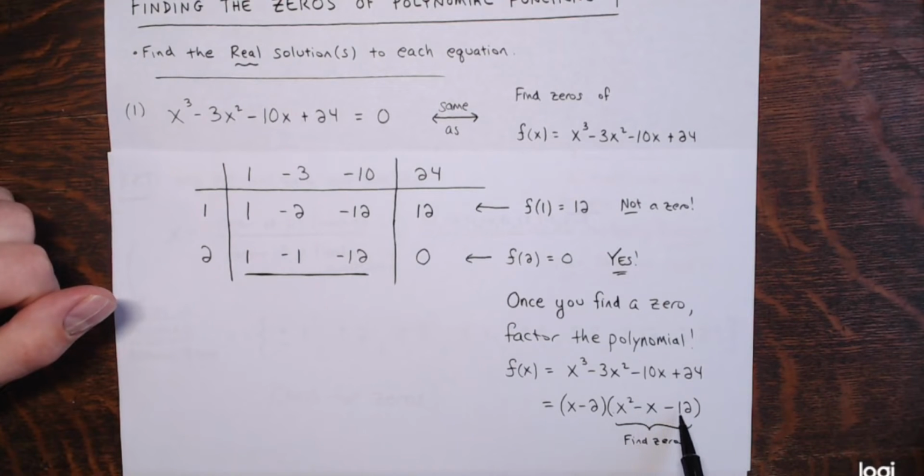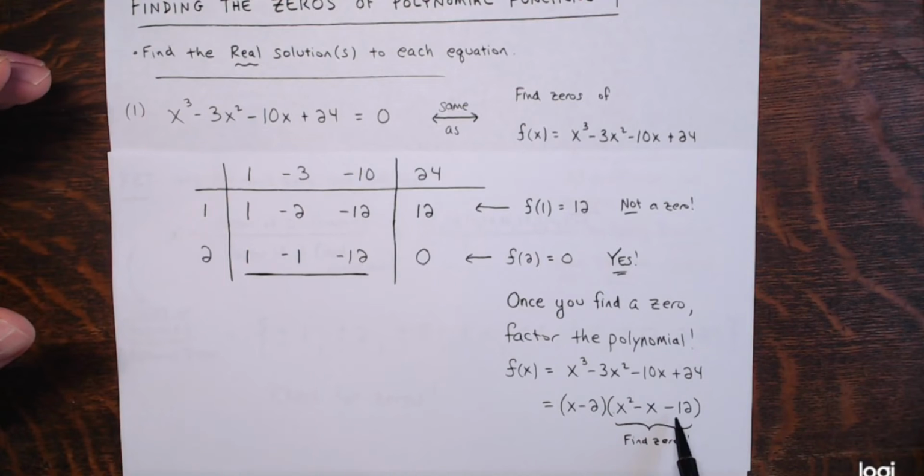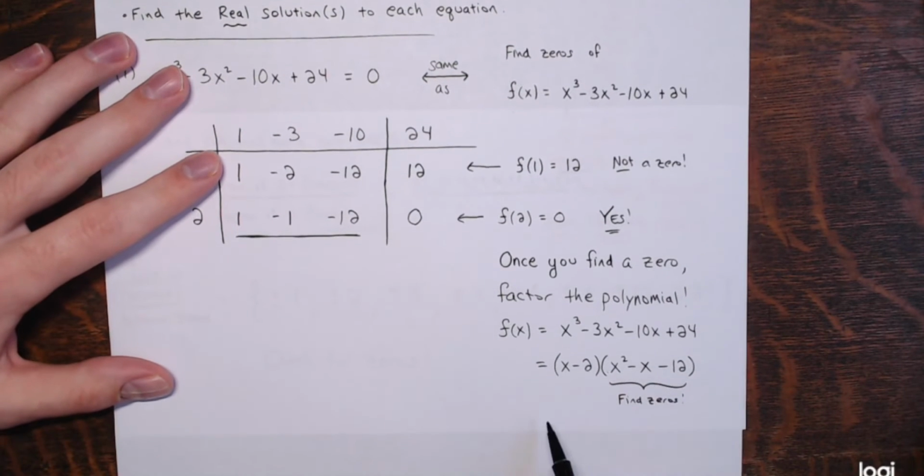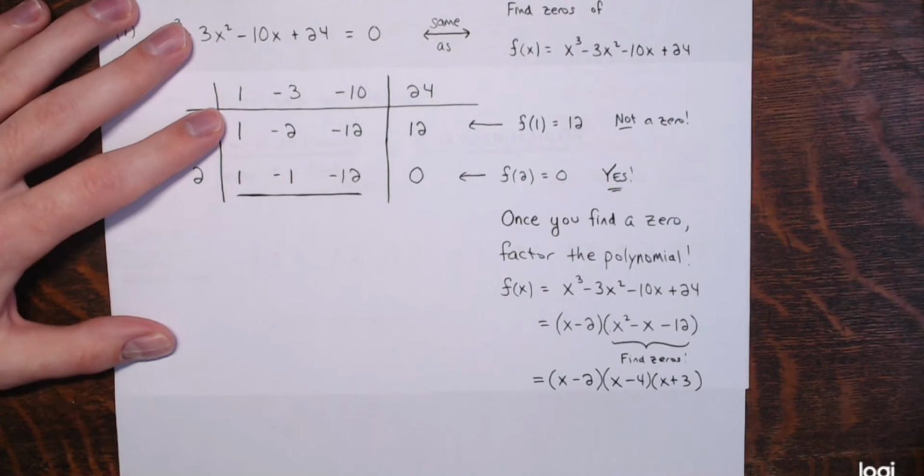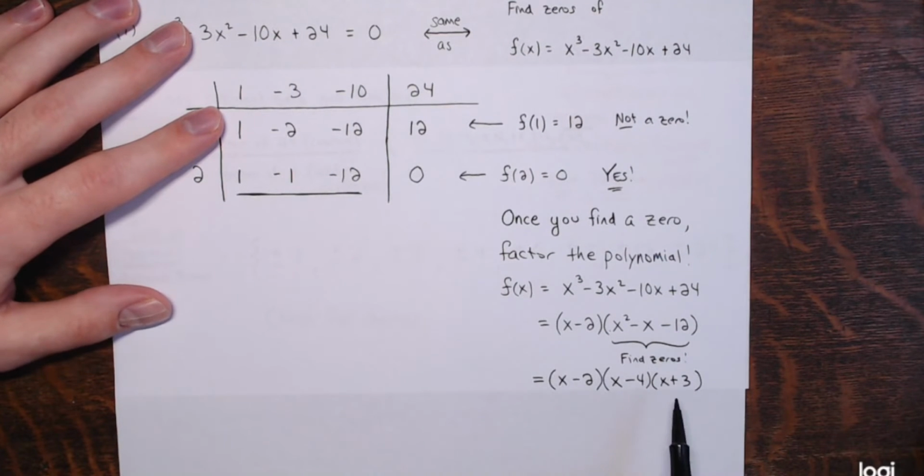You can use the quadratic formula to find the zeros, or factor it, which, this is factorable. x squared minus x minus 12 would factor to x minus 4 times x plus 3. And then you can see the other factors and very easily see all the zeros.